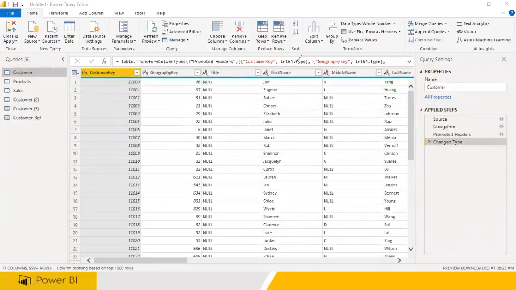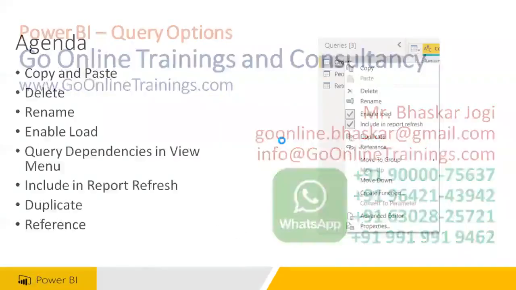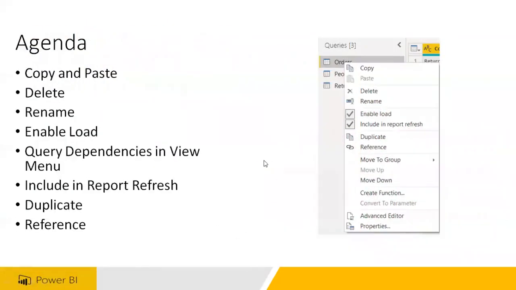So that is the difference between duplicate, or copy and paste, and reference. Duplicate means get the data, get all the ETL steps, and the link is broken from source to destination. Reference means it only gets the data, but the link is established, and no ETL operations are copied to the reference table. That's what you need to understand.